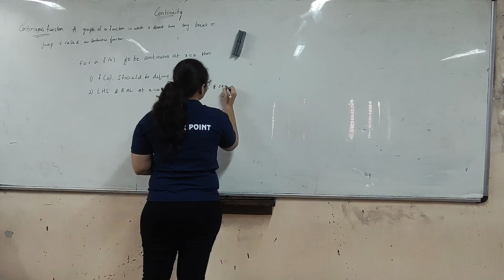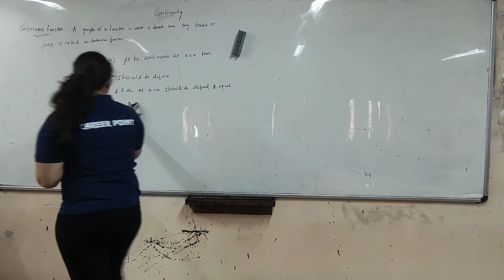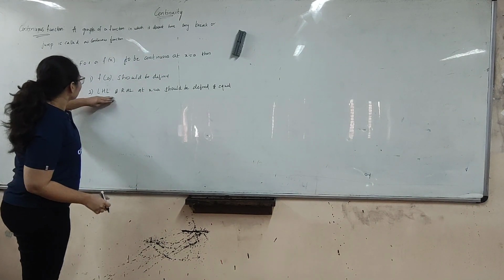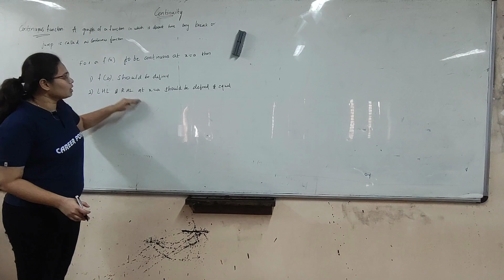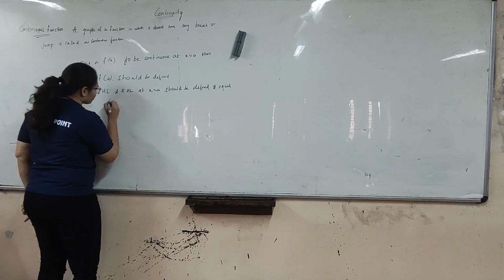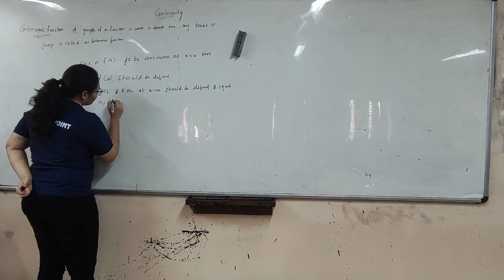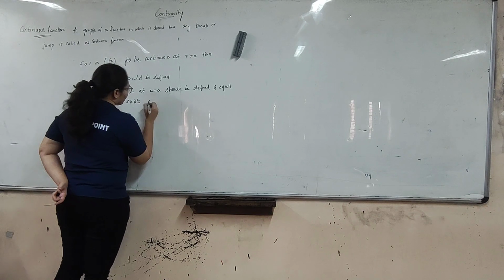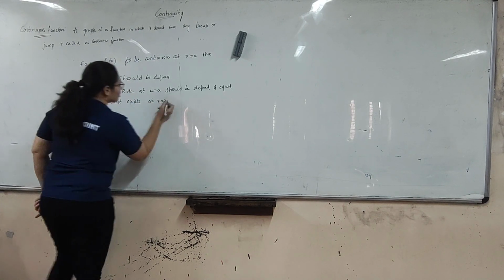and equal. What is meant by LHL equals RHL? If LHL and RHL are equal and defined, the limit exists at x equals a.